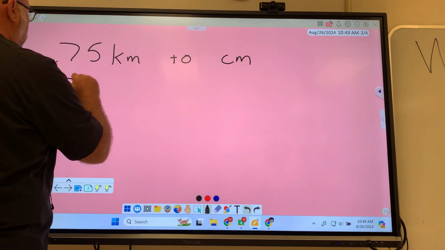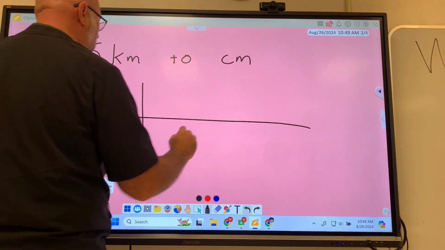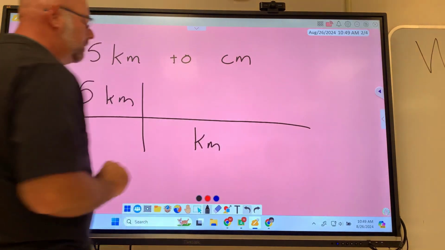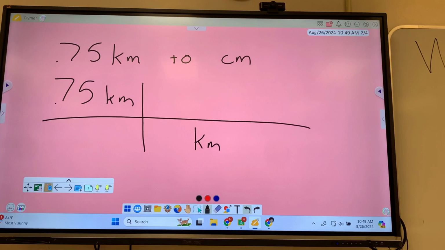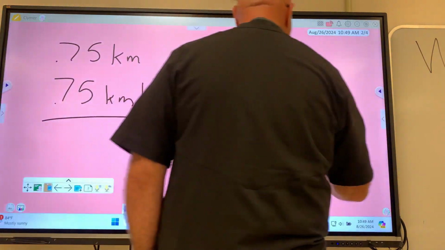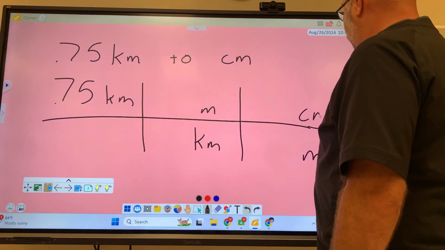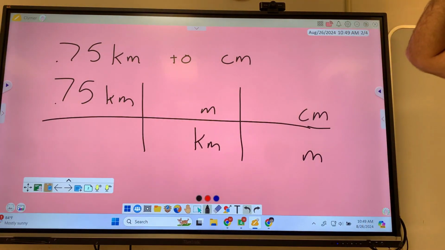Start your T-chart. Copy down your initial units. And now I'm in kilometers, so I need to go to the base unit. Copy down my units. And for meters, we can go to whatever else we need. And now we just fill in the blanks.